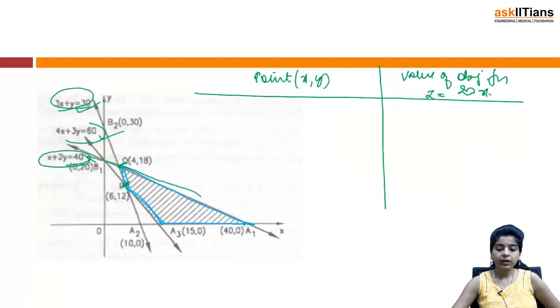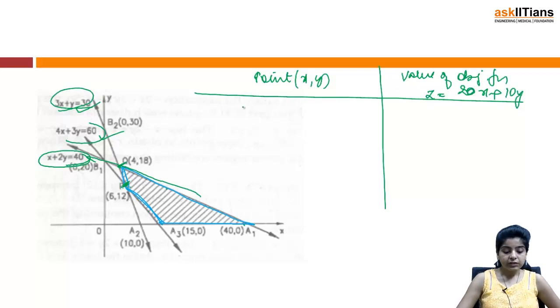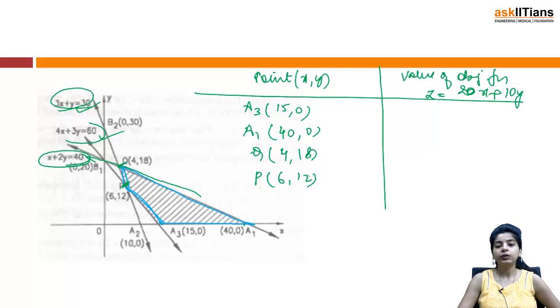In this, the first point is A3, (15, 0), then I have A1, (40, 0), then I have Q, that is (4, 18), and then I have P, that is (6, 12). Now just find out the value of z at each and every point.